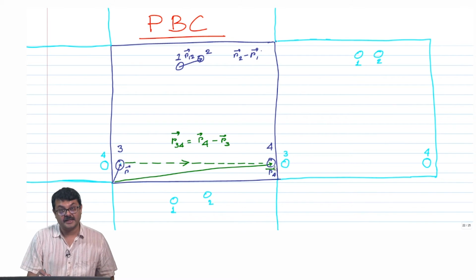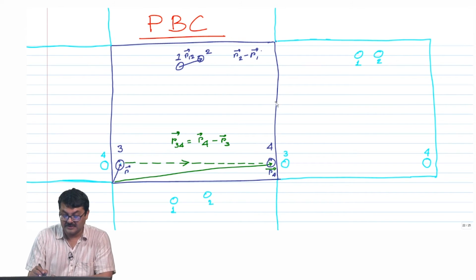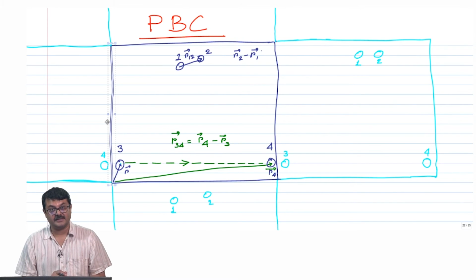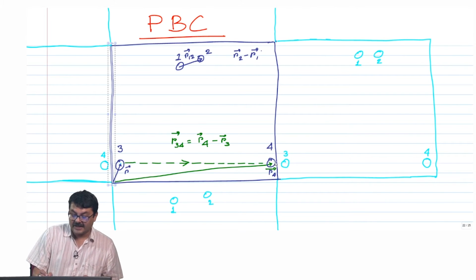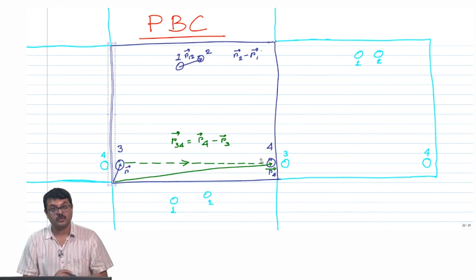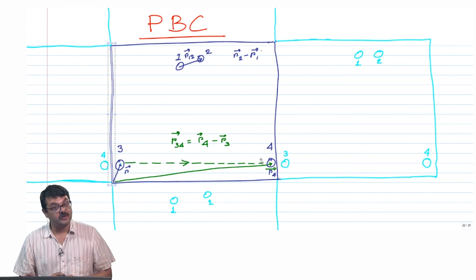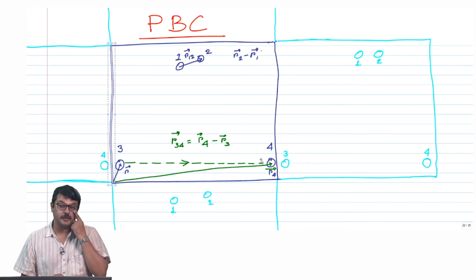But actually, as you see, because this and this are essentially the same point in space, because they are connected, because you have periodic boundary conditions, the actual distance between 3 and 4 is much less. It is not the last distance that you see. So, when you have a system with periodic boundary condition, you have to ensure which is the minimum distance.